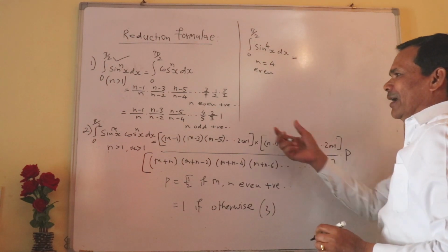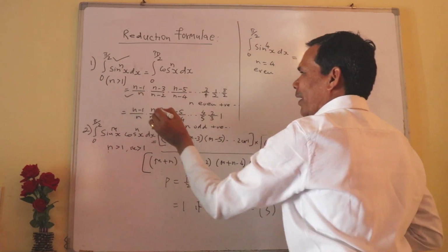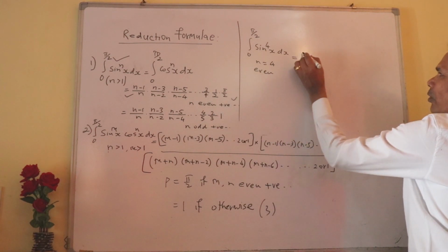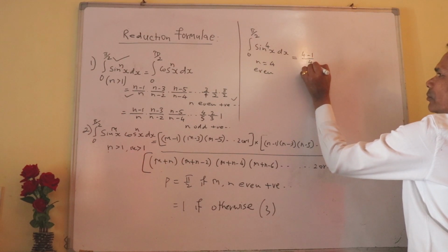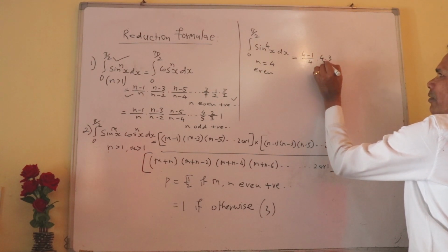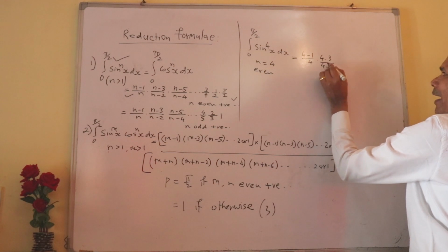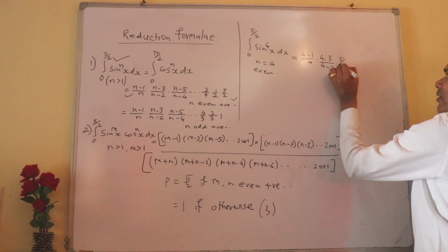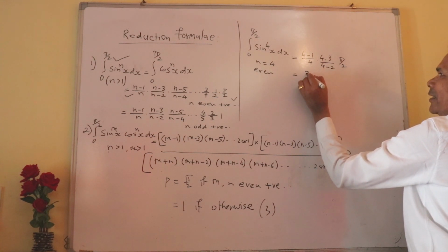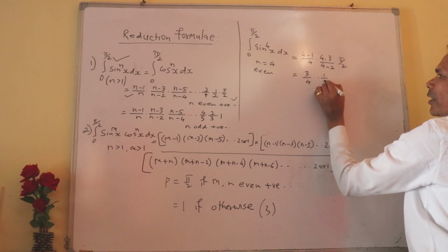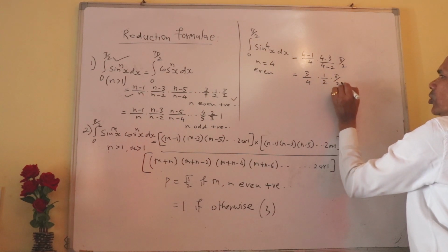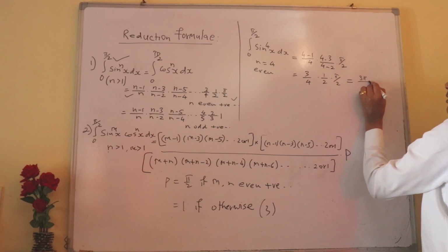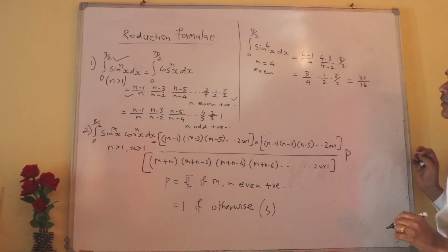So I just apply this formula: (4 minus 1) upon 4, (4 minus 3) upon (4 minus 2), and so this value is 1 by 2. So you are getting this as 3 by 4, then 1 by 2 into pi by 2. So within 1 minute you can get the value of this integral. It is 3 pi by 16 over here.